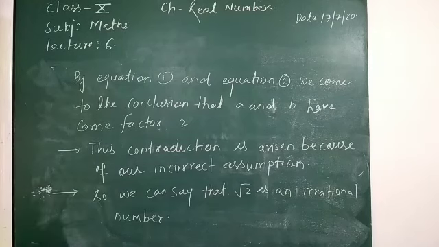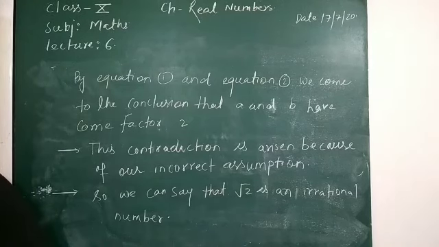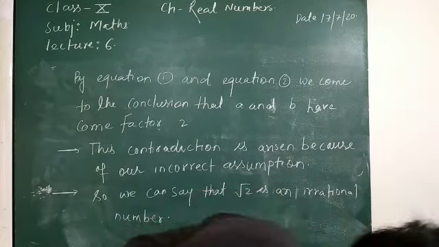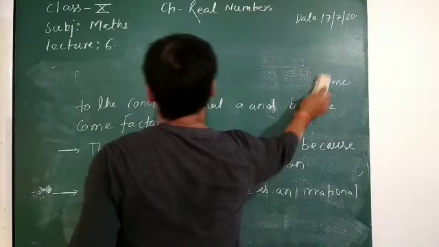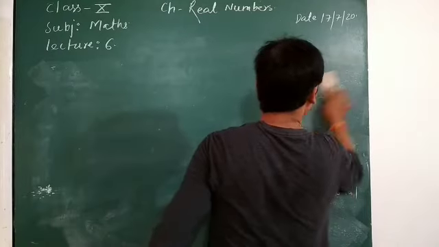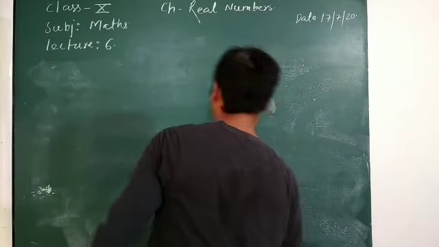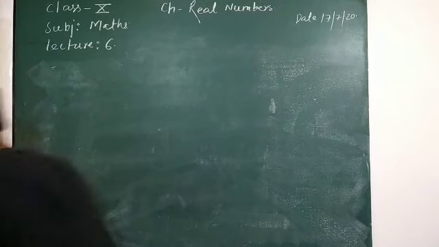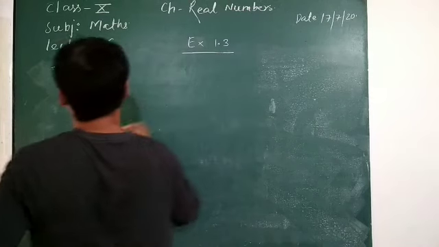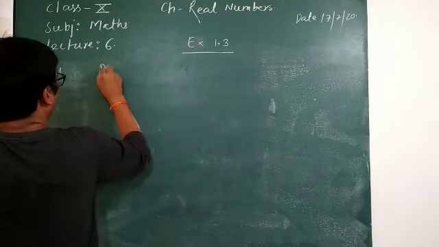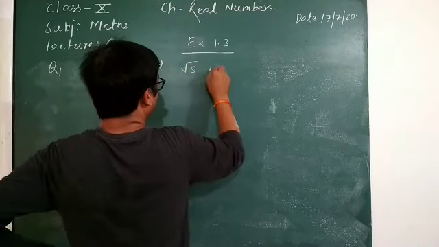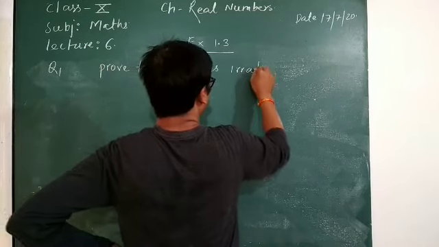In exercise 1.3, question number 1 is: prove that root 5 is an irrational number.